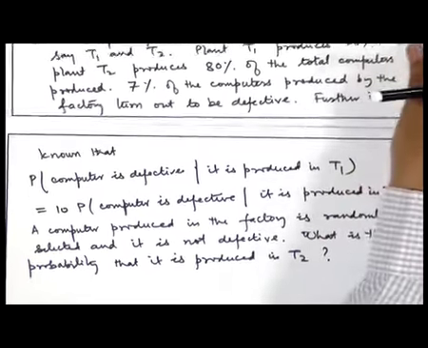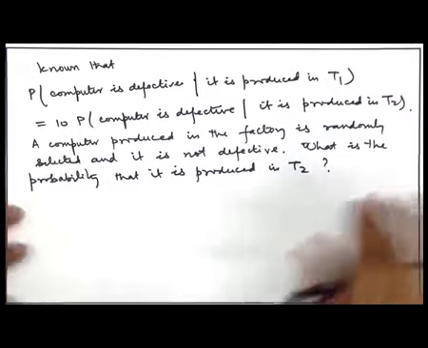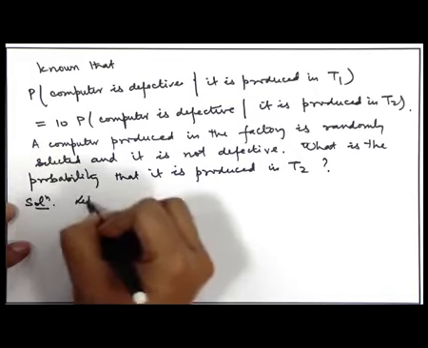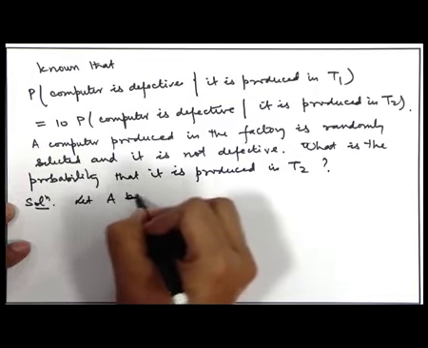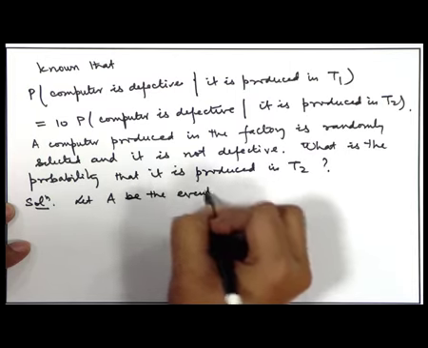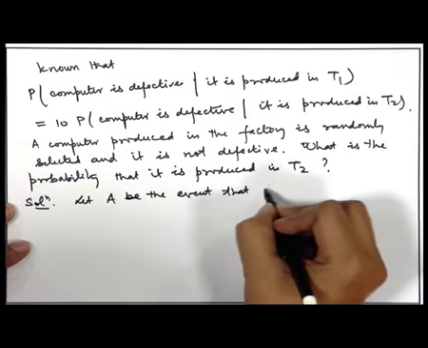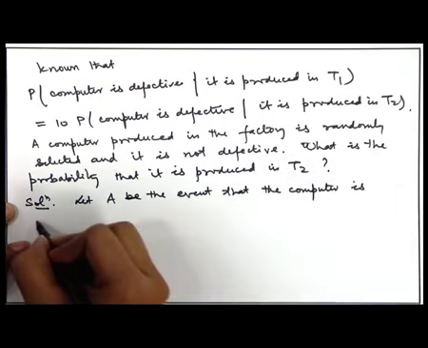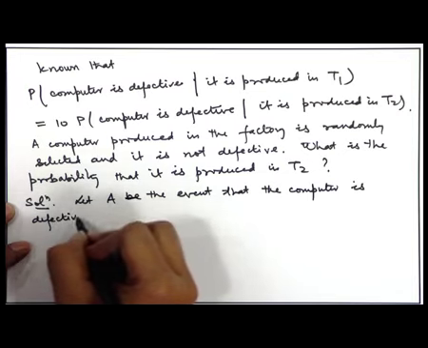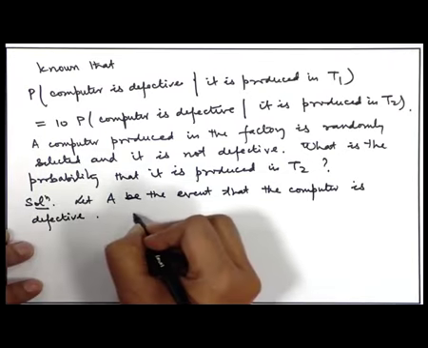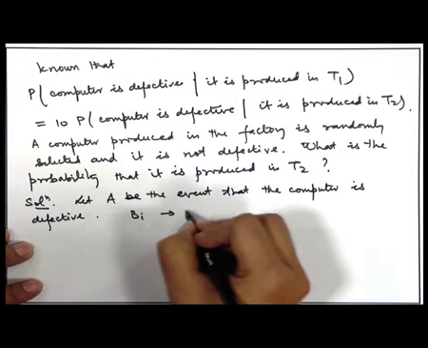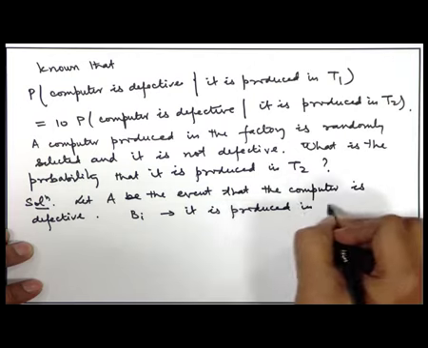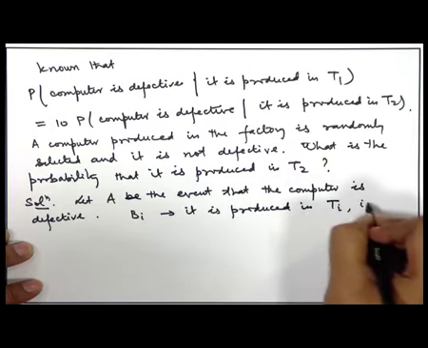So, let us define the events now. Let A be the event that the computer is defective, and I use the notation Bi for the event that it is produced in plant Ti, for i equal to 1, 2.